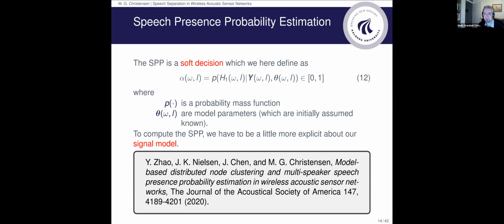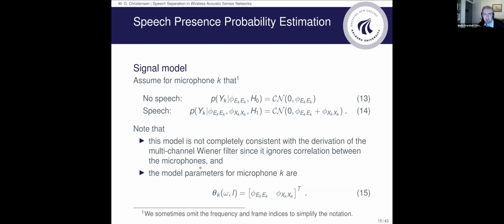Okay, so for microphone k, our signal model is that there can be two cases. There's no speech, we call it H0 here, and in that case, the likelihood function, whose parameter is the noise statistics, is a complex normal distribution with zero mean and variance phi_E,k.